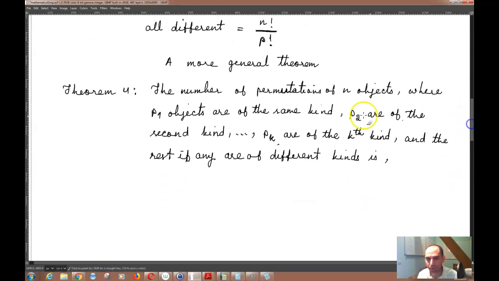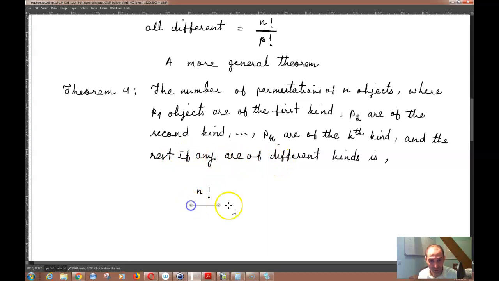is going to be, so you have the number of permutations of n objects. That would be simply n factorial. And then you have p1 objects of the first kind, p2 of the second kind, p k objects of the kth kind, and the rest, if any, of different kinds.